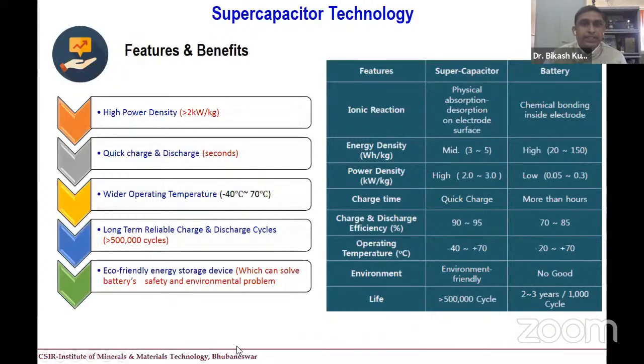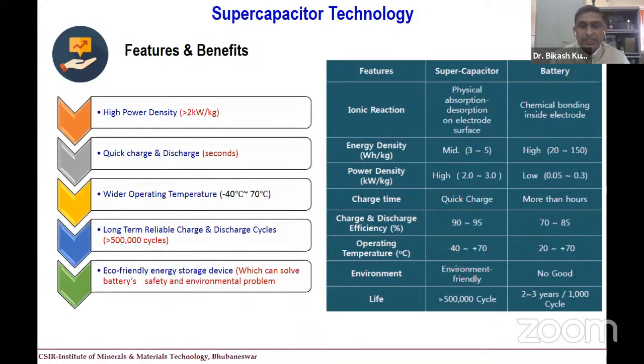If you compare the features and benefits of the supercapacitor with the battery, each has its own advantages and disadvantages in supporting our applications. For long-term charge and discharge cycles, the supercapacitor is quite better than the battery. It can have very high cycle numbers, so a supercapacitor will last a long time.